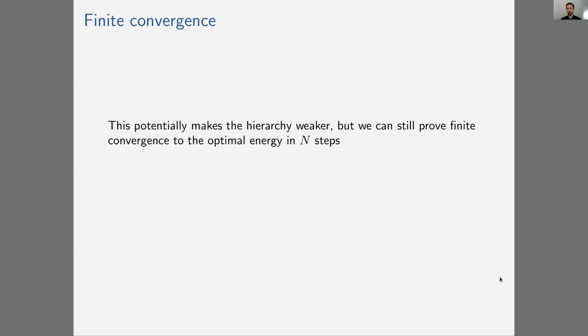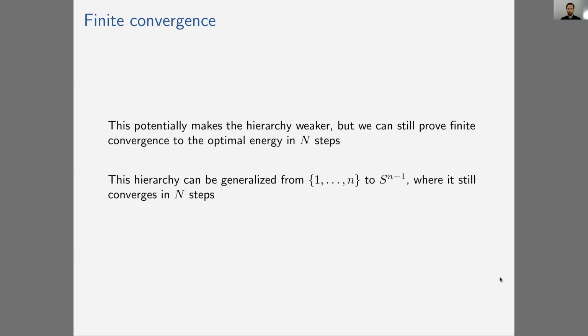So here something very similar happens. This hierarchy, this is still for the finite problem, converges in n steps. But if we generalize back from this finite set to this infinite set, and we go from vectors y to measures lambda, then this proof still works. So you still get convergence in n steps.